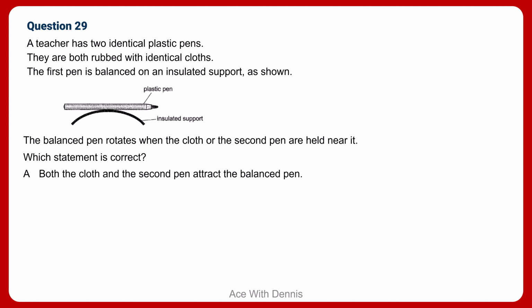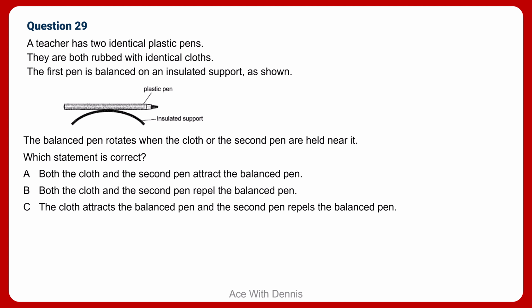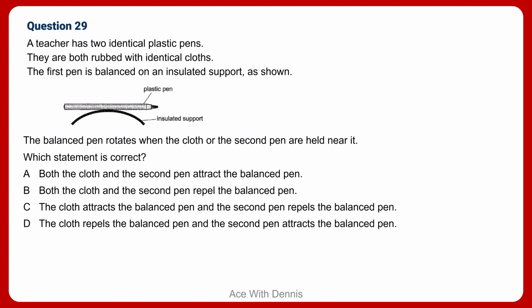A. Both the cloth and the second pen attract the balanced pen. B. Both the cloth and the second pen repel the balanced pen. C. The cloth attracts the balanced pen and the second pen repels the balanced pen. Or D. The cloth repels the balanced pen and the second pen attracts the balanced pen.